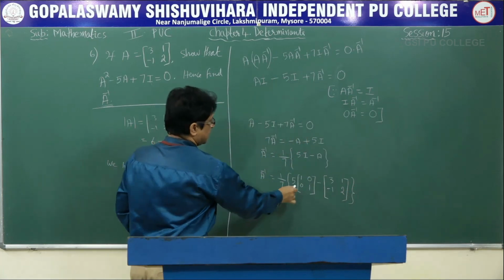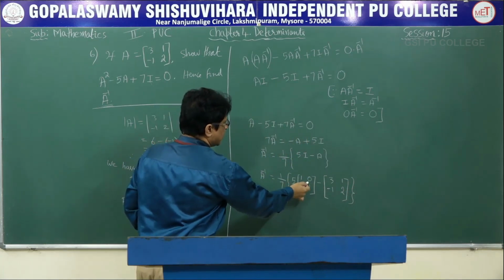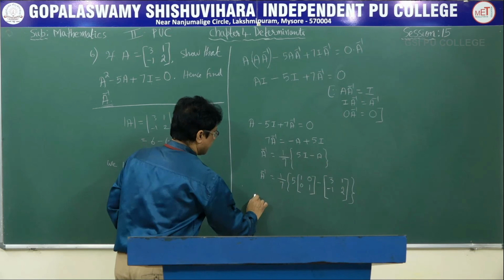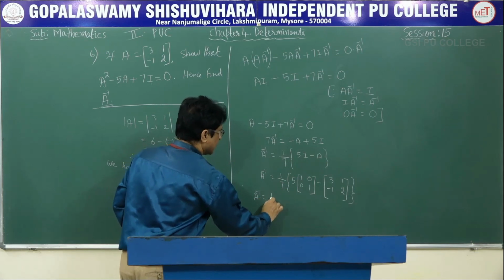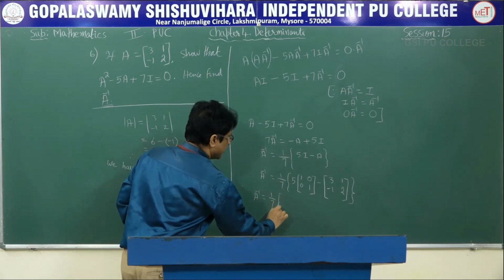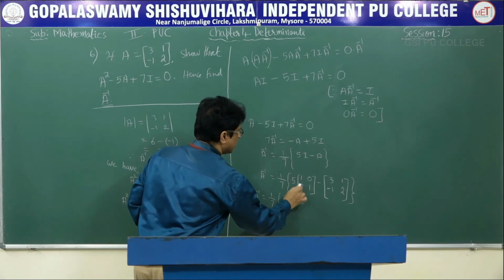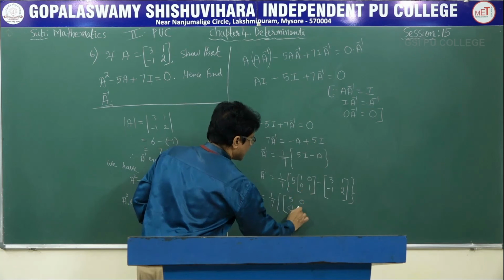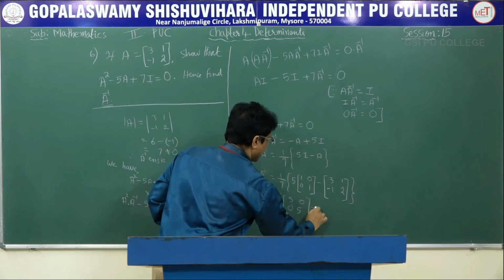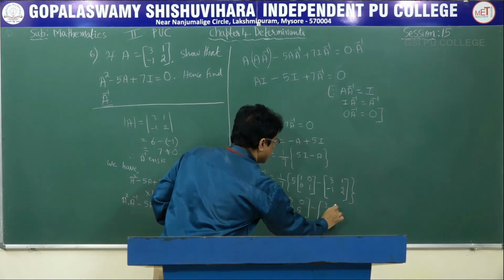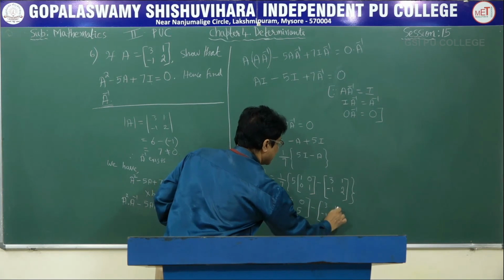So we shall multiply 5 to the matrix. So A inverse is equal to 1 by 7 into 5, 0, 5 into 0, 0, 5 ones are 5 minus 3, 1, minus 1, 2.